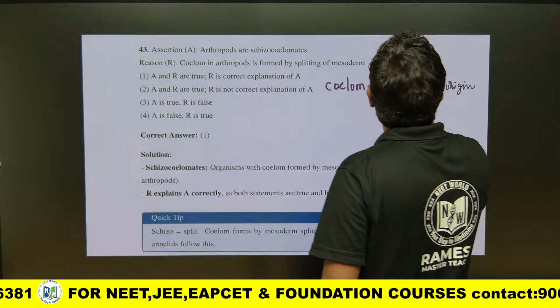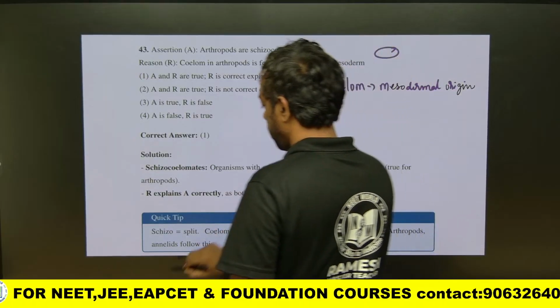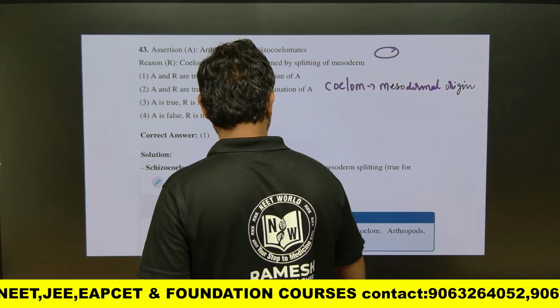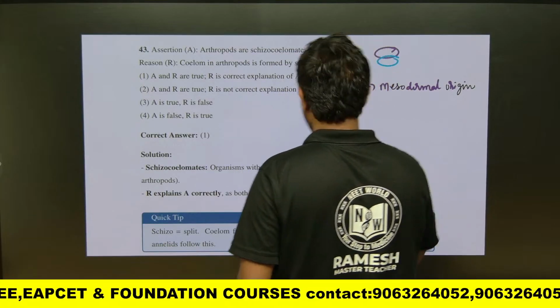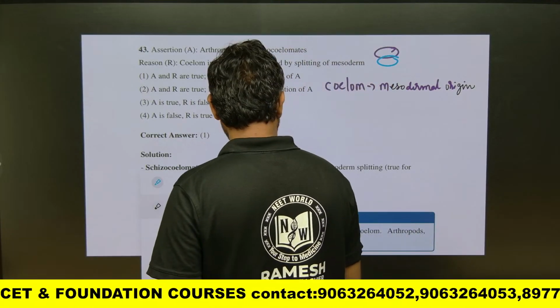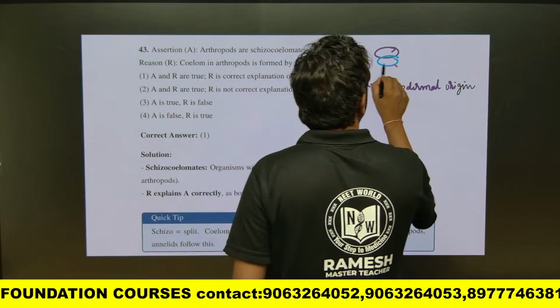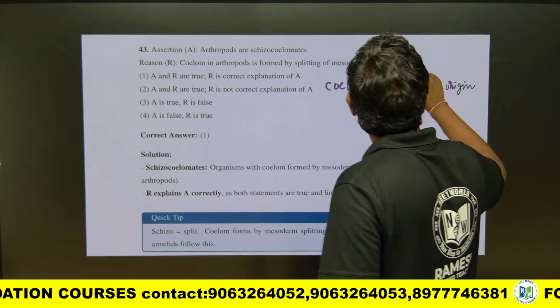Mesodermal means ectoderm, mesoderm and endoderm, these are the germ layers.